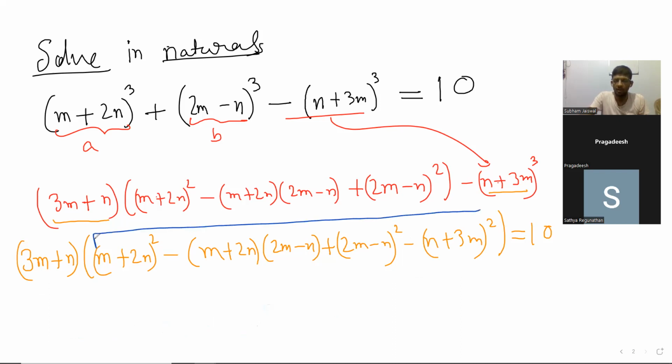So we'll try to factorize this. And that is your homework. You can do it in any way. You can expand the quadratic and try to factorize it. It's up to you. Okay.